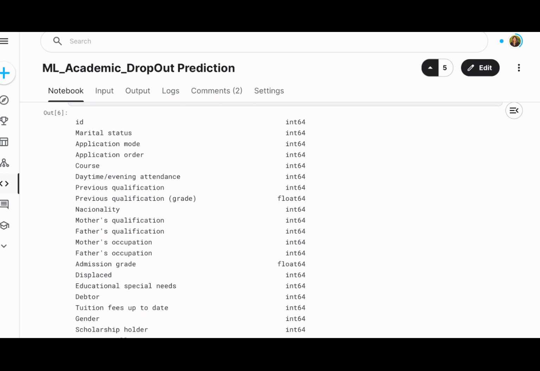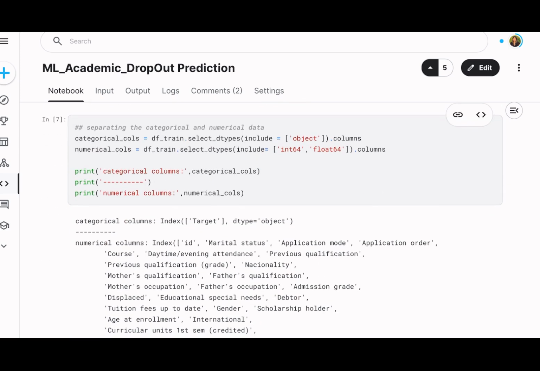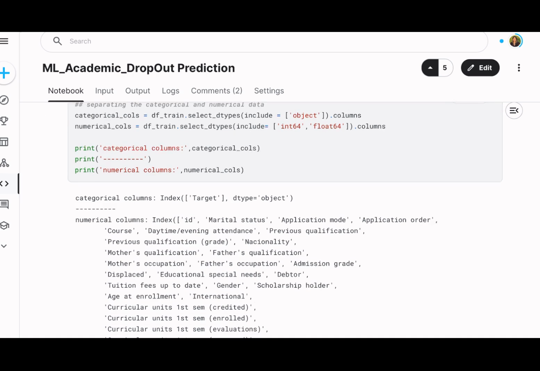Marital status is also stored as an integer, but we know that marital status is not an integer, it's categorical data. These are the things that we need to take into account as we go further and analyze the data. With this code, I have just divided the categorical and the numerical columns.